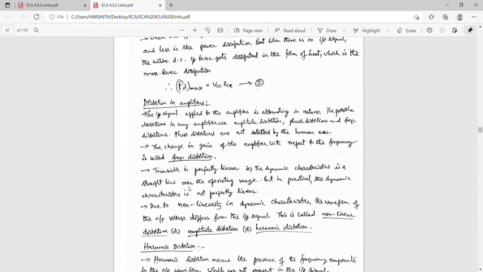And the next one, advantages and disadvantages of class A power amplifiers.